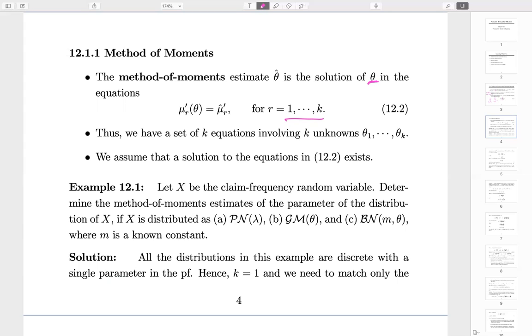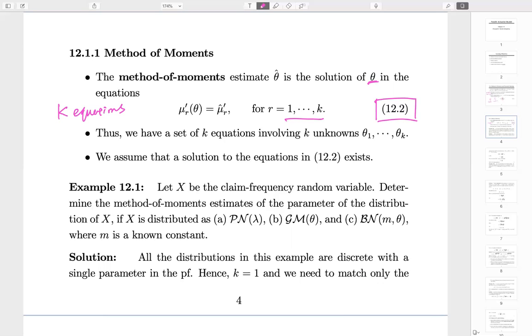Then what we have at 12.2 is a system of equations. So they are actually k equations. Given k equations, we are trying to solve for k unknowns. Well, not always can we find a solution, right?